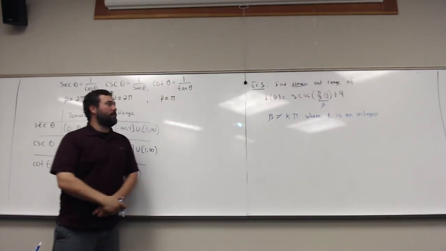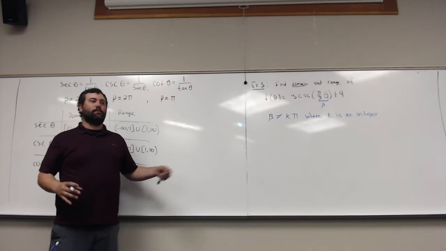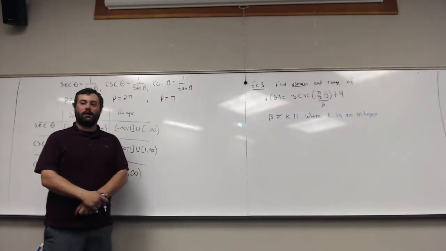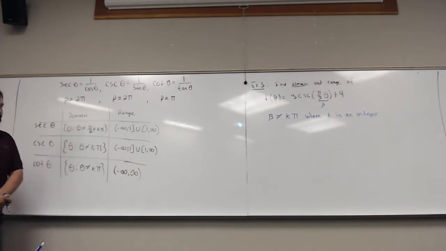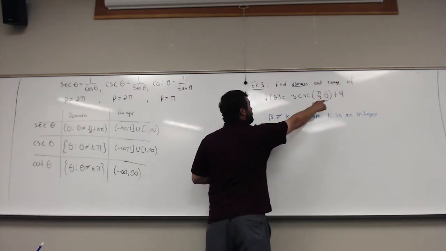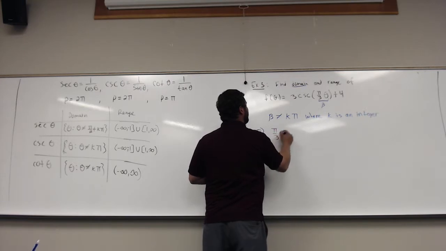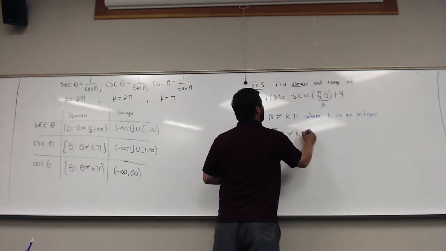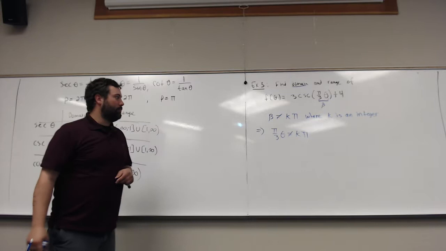But then you have to remember that I made a substitution. Okay, beta was really pi over 3 theta. So this implies, our input's really beta, which is pi over 3 theta. Those cannot be any multiple of pi, where k is an integer.